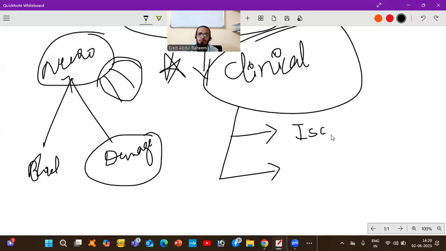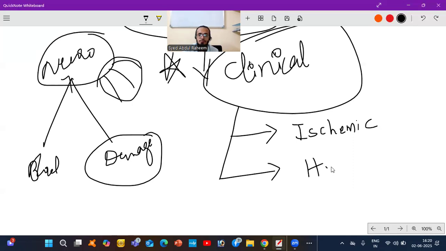If damage has happened, due to that, hemorrhage, bleeding will happen. So there's a reason in the brain, a certain area of the brain is stopped or compressed, anything happened. So we'll call this hemorrhagic stroke.